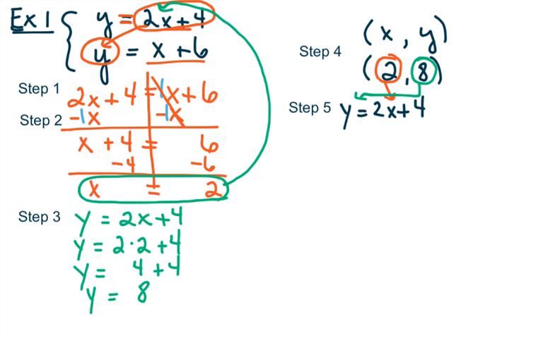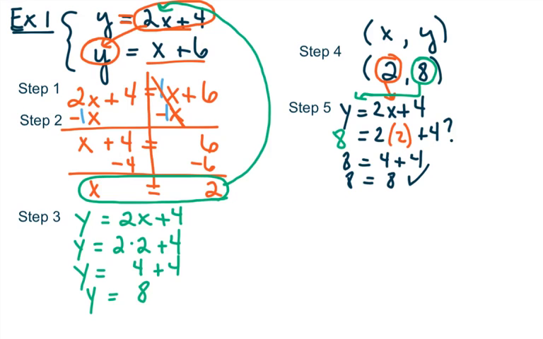So we would end up with 8 equals 2 times 2 plus 4. And we want to know if that really does work. So we get 8 equals 4 plus 4. 8 equals 8 is true, so that means that it worked in the first equation.